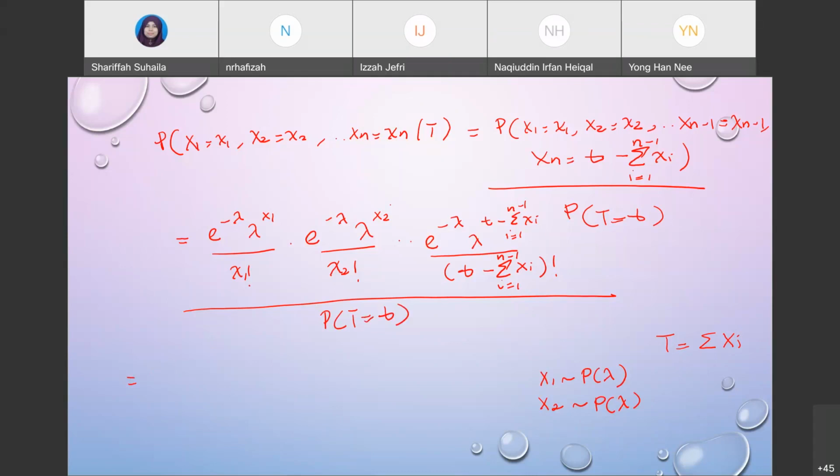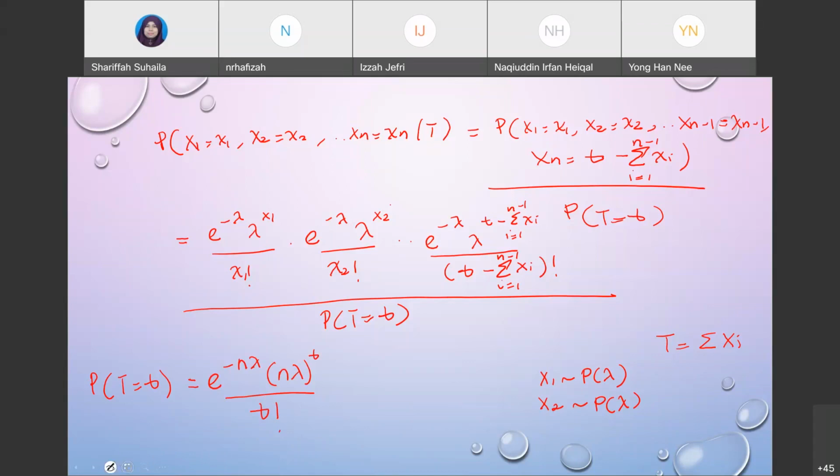So kalau probability T equals to t, okay, which is T is equals to summation Xi, it will become exponential negative n lambda to the power t over t factorial.